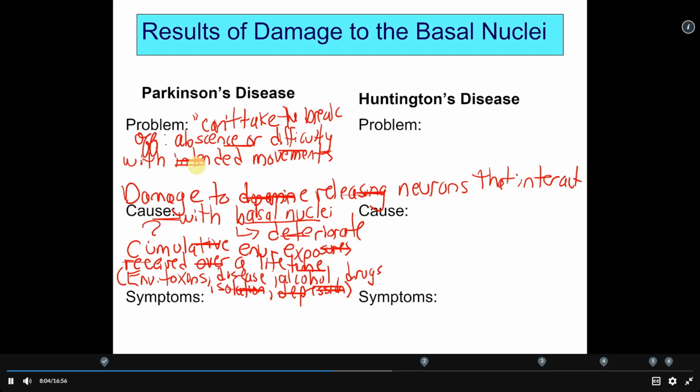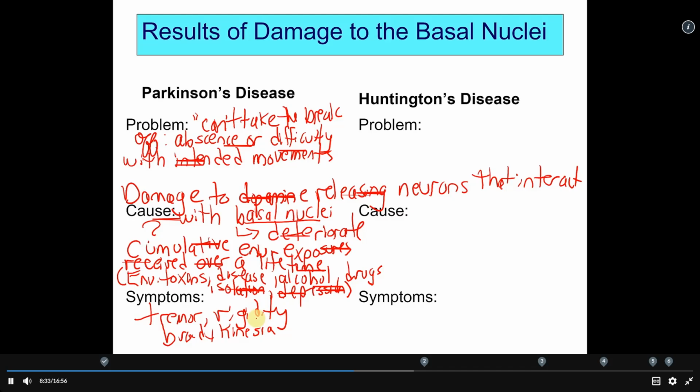The symptoms, of course, are lack or absence of intended movements, but you also see tremor, you can see rigidity, and bradykinesia, which means slow movements. So Parkinson's disease strikes one in their 60s or older, and there's a lot of people who have it.